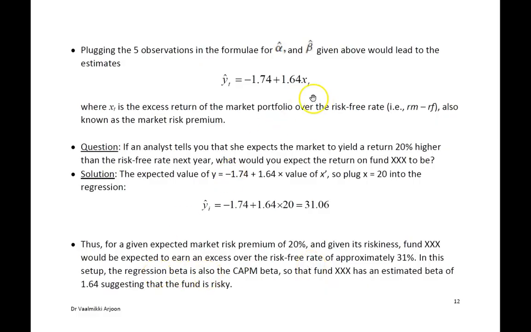So this regression beta is the CAPM beta. That means the CAPM beta is just going to be 1.64, which we worked out here. And 1.64 means that the fund is risky, because the higher the beta, the riskier the fund, as you would appreciate from your previous finance courses.